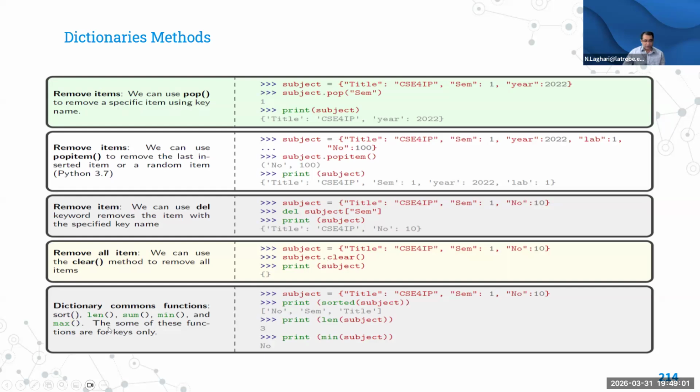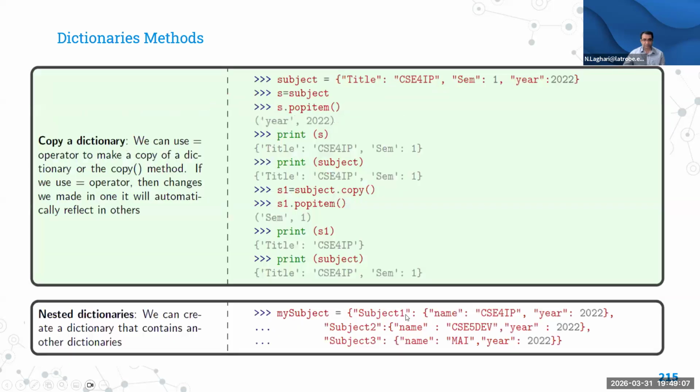Okay, so we have got length, sum, and min and max functions, which you can use with dictionaries as well. Okay, and copy a dictionary. Same way we were copying lists and sets, we can use copy. So we have subject and S equals subject. We pop an item from S and we print that.